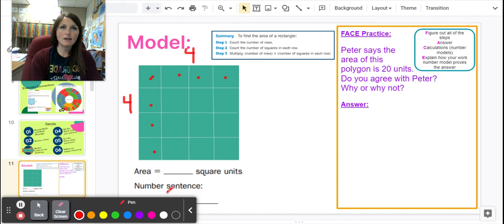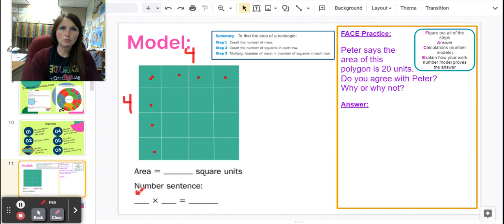This is a 4 by 4 rectangle, so I know my number sentence is going to be 4 times 4. I know 4 times 4 equals 16. I've multiplied them together, so that means that's my area. I can even count them, 1, 2, 3, 4, 5, 6, 7, 8, 9, 10, 11, 12, 13, 14, 15, 16. And I see that I get the same answer.